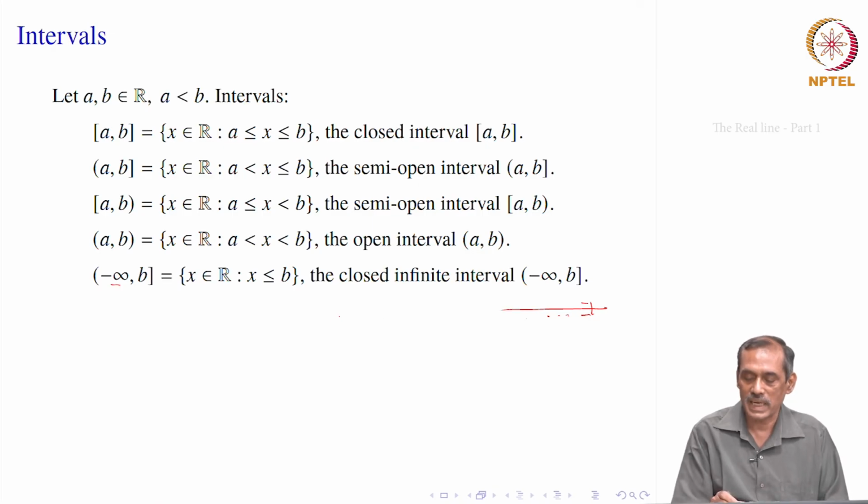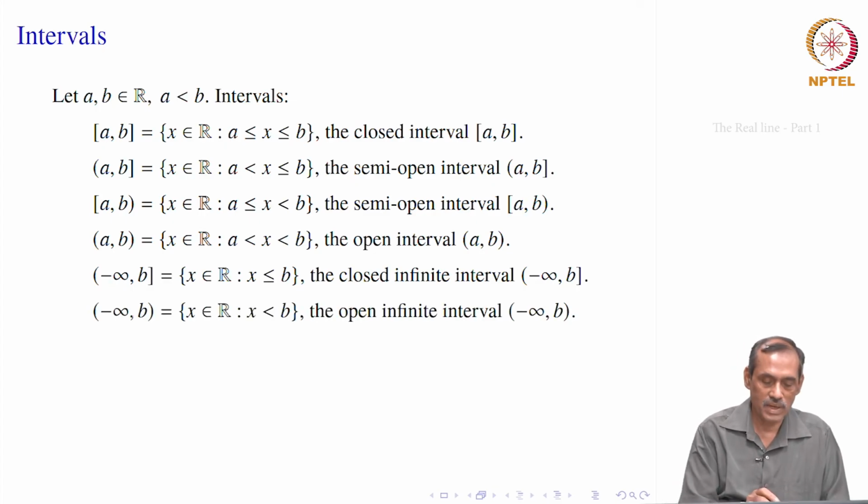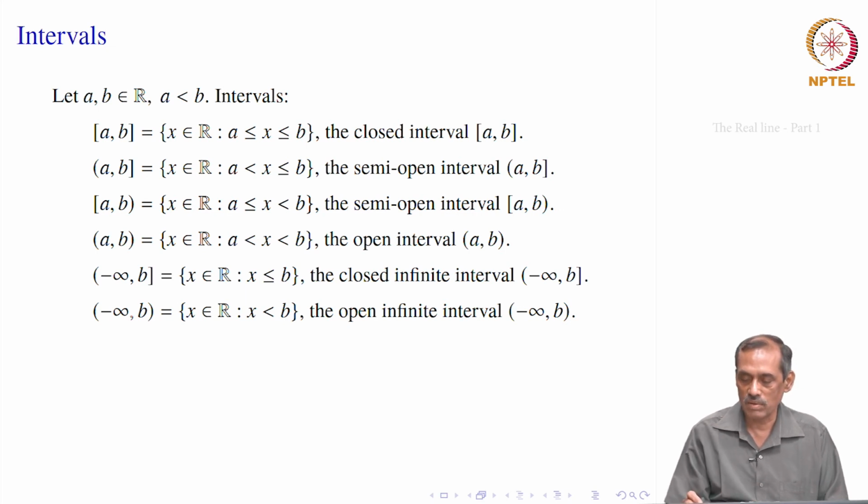So, minus infinity, had it been a real number, it is omitted, that is why this symbol, but in fact it is not a real number. So, it is just a notation that it is the set of all real numbers less than or equal to b. Similarly, we have minus infinity b, where b is also open. So, it will include all the real numbers which are less than b.